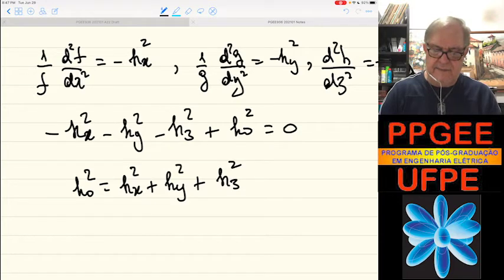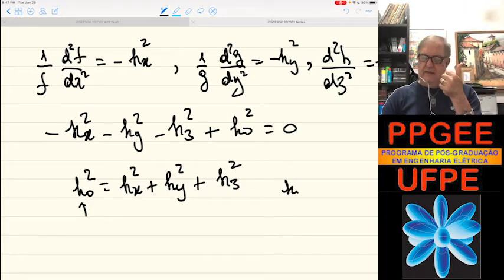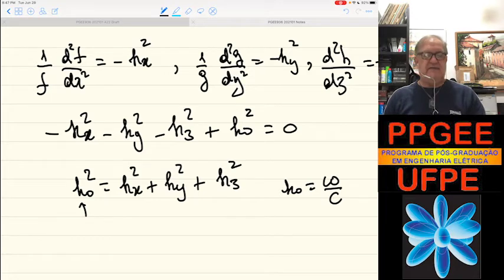Notice that this is determined by the frequency. k0 equals omega over c. c is the velocity of light in vacuum. Omega is the frequency that you impose into the field, right? So this is a number well defined. So this constant has to be bound by this relationship, right?